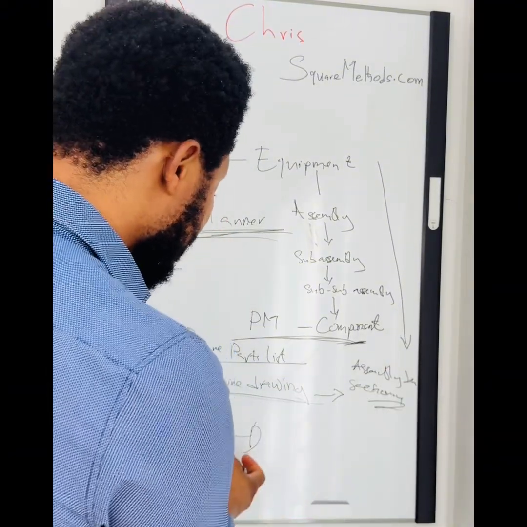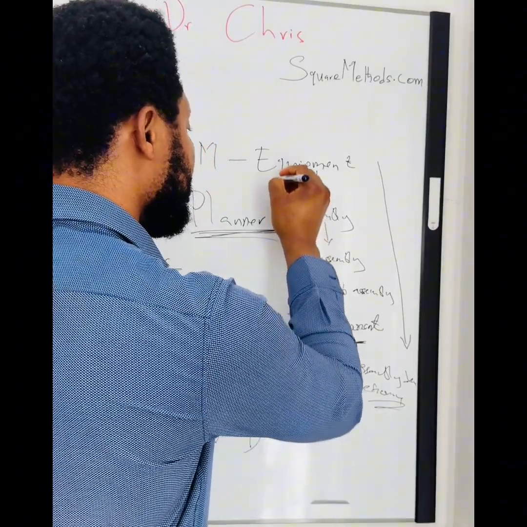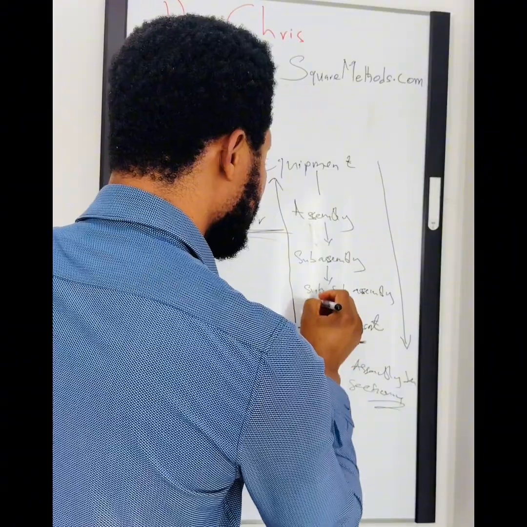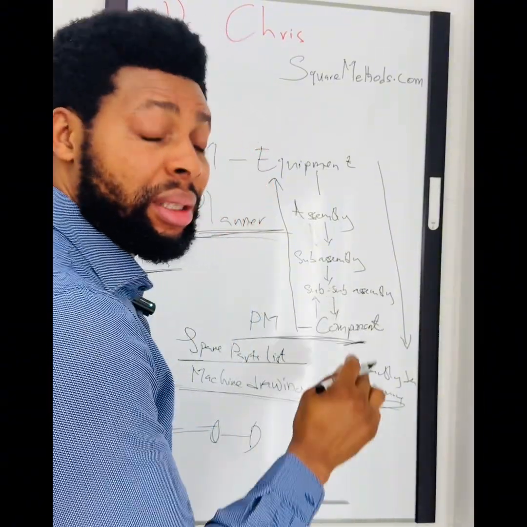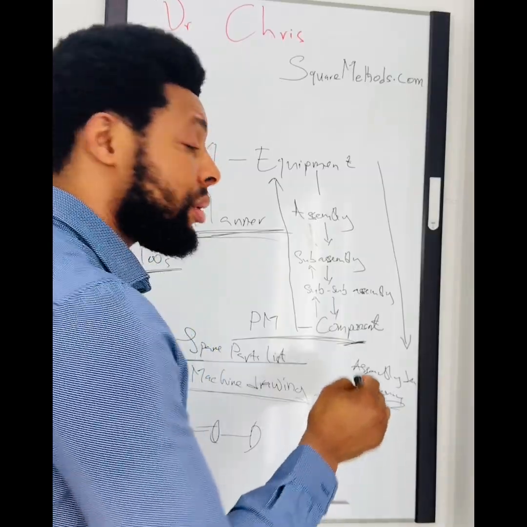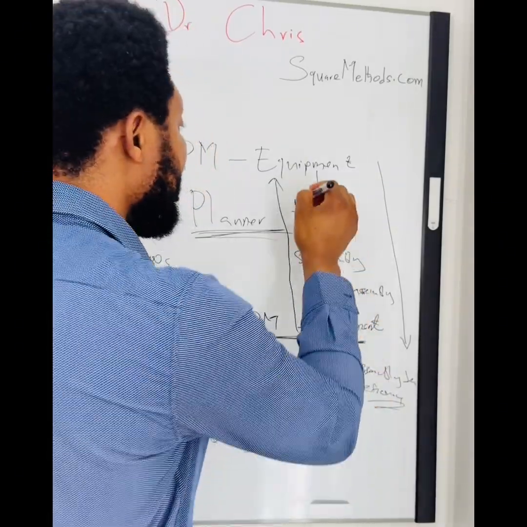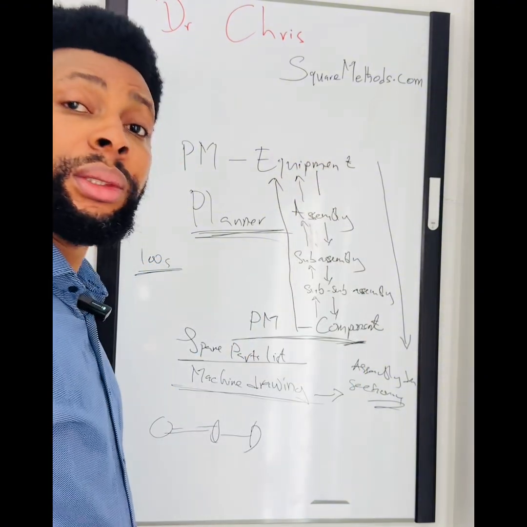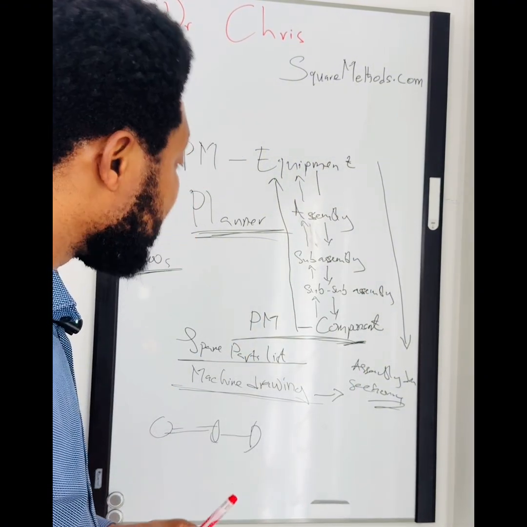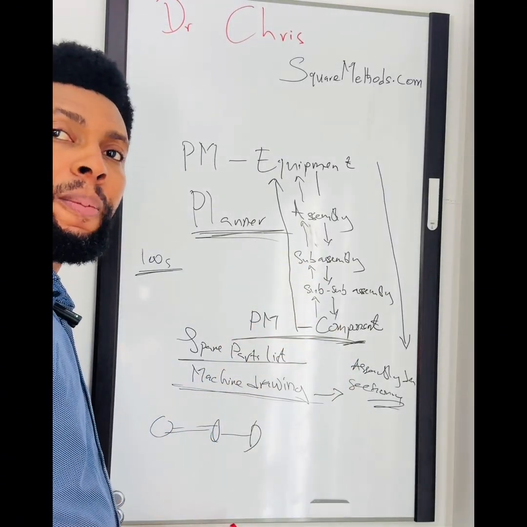So the machine drawing explains from bottom to top how the components combine to form assembly, sub-assembly, how the sub-assemblies combine to give you the assembly. You get it. So what you need to understand is how to break the equipment down.